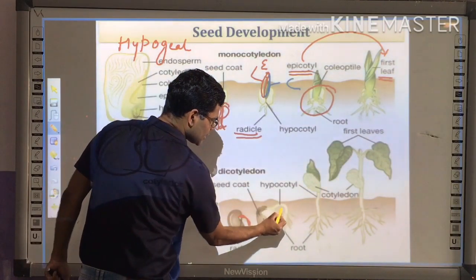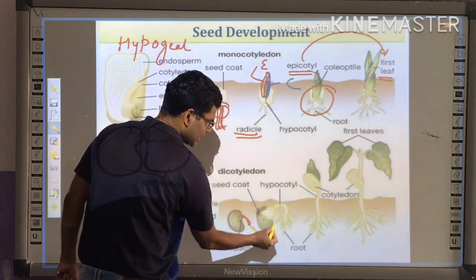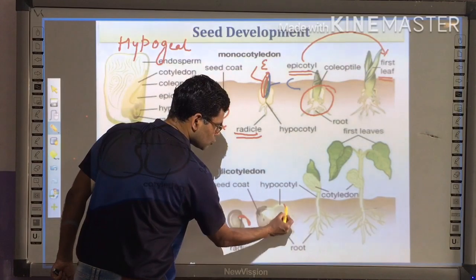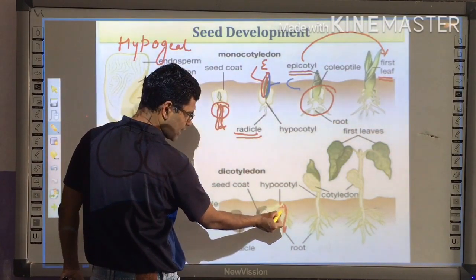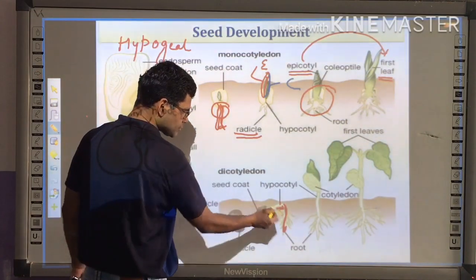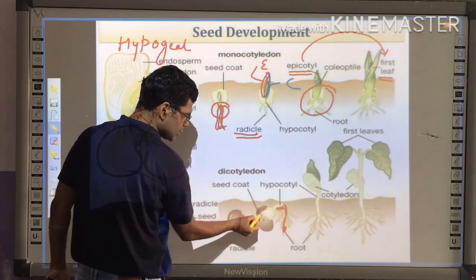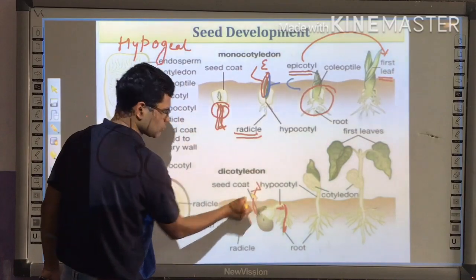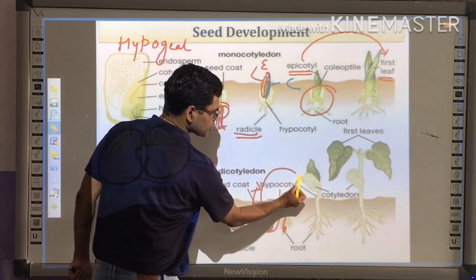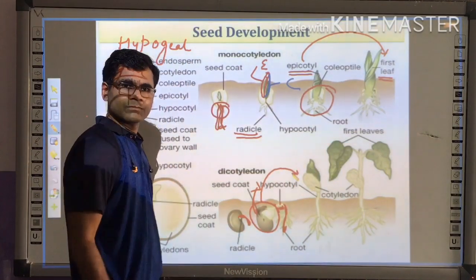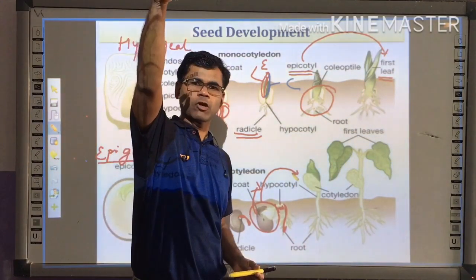As the radicle came out, it forms the root axis. Once the root axis is there, this is the hypocotyl region, and this hypocotyl region pushes the embryo above the ground. As you can see here is the embryo, and this embryo is pushed up. The whole embryo is pushed up along with the cotyledon.